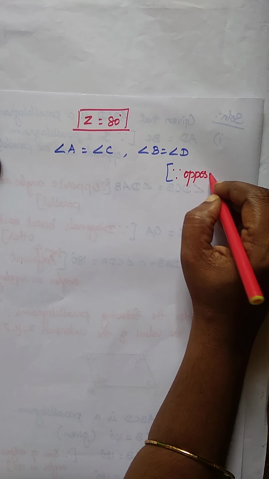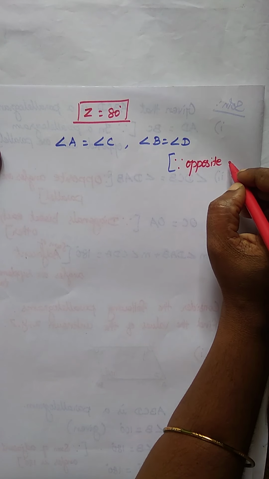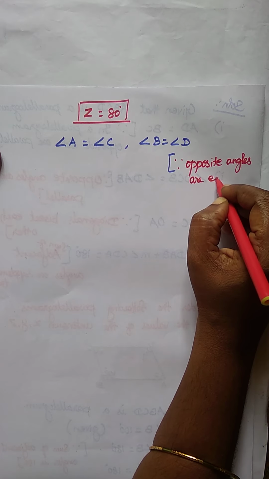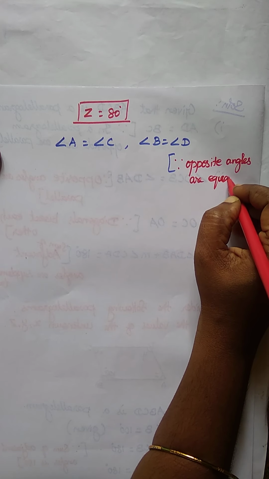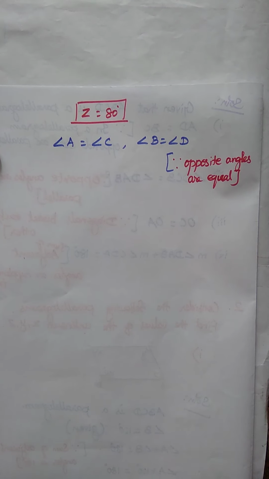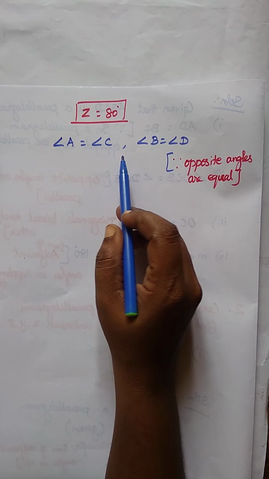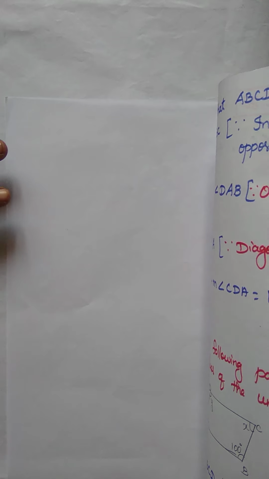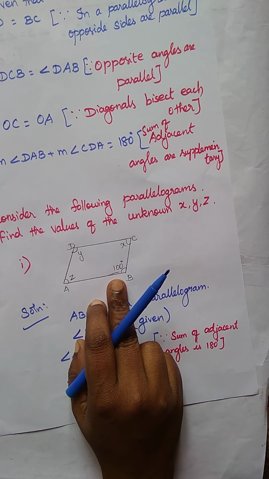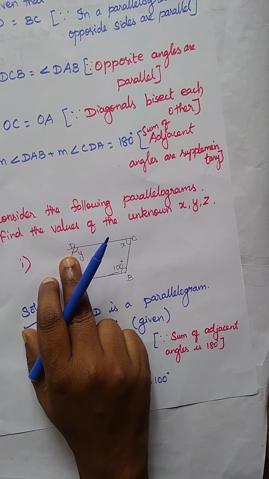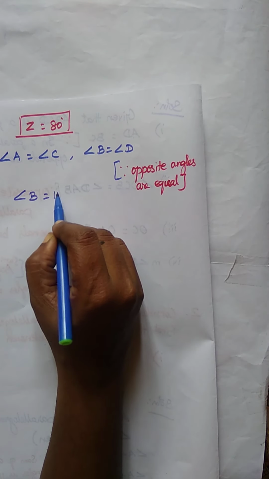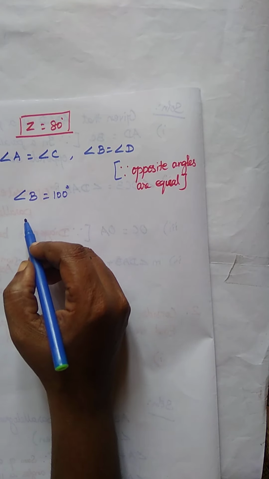Opposite angles are equal. Now angle A is equal to angle C. So we know angle B. What is the angle B in this figure? 100 degrees. So angle D is also 100 degrees.